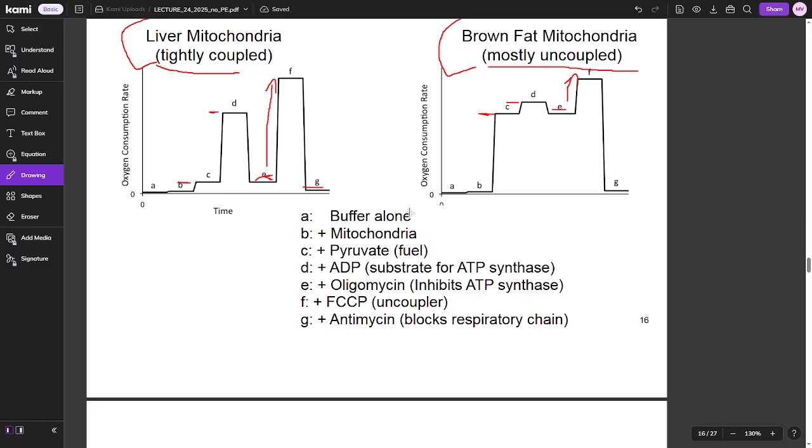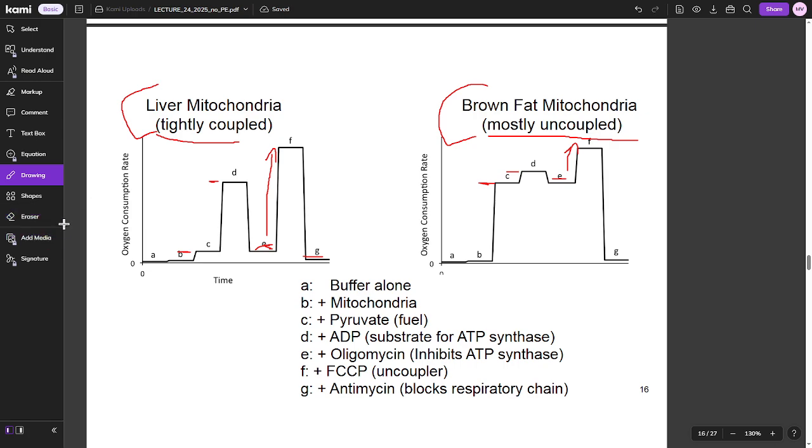So this should hopefully make sense. What I'm trying to say is, if you have an uncoupler in your cells, the oxygen consumption rate at a basal level is already much higher. The base consumption of oxygen is much higher than if it's just tightly coupled, with no extra uncoupling protein available.